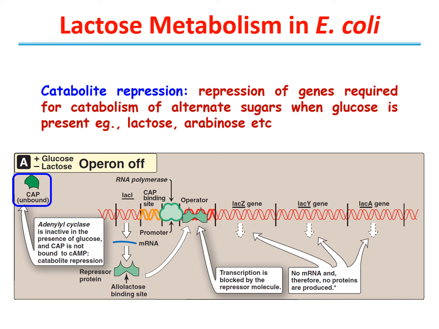There is no cyclic AMP, which is a co-activator for the activator CAP, or catabolite activator protein. It is inactive. The activator co-activator complex is not formed, so it will not be able to go and bind to the CAP binding site, interact with the RNA polymerase and strengthen its binding to the promoter.